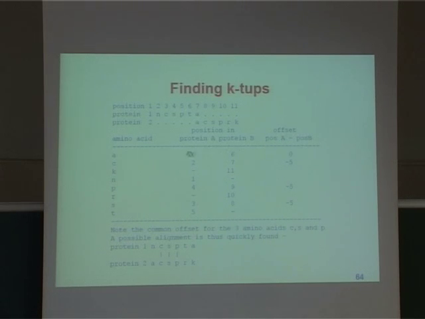This is 0, they both occur in position 6. But if you look at the C, we see that this CSP occurs exactly in the other protein sequence, but in a different position. This CSP starts at the second amino acid in protein A, but it starts at the 7th amino acid in protein B. So the offset, the difference between these two starting positions, is -5.